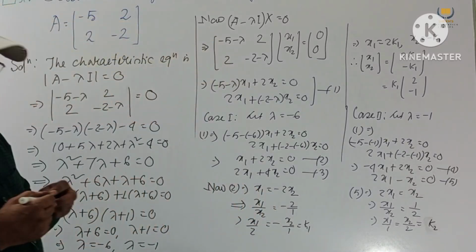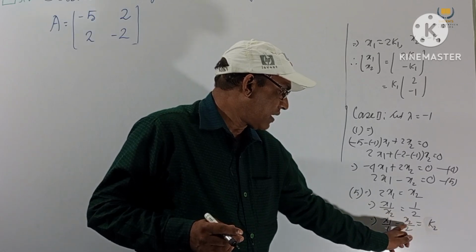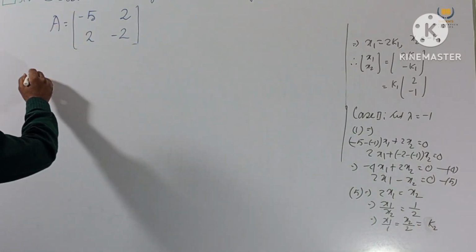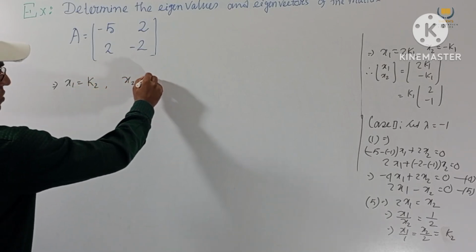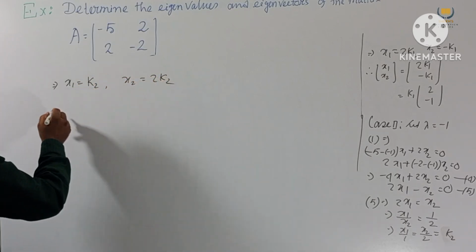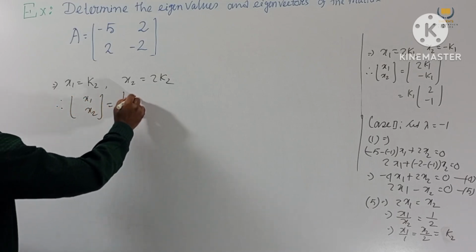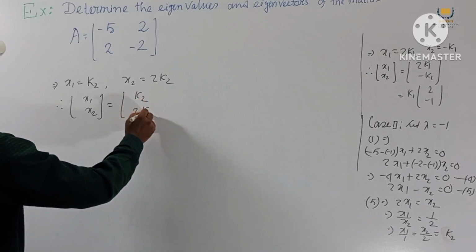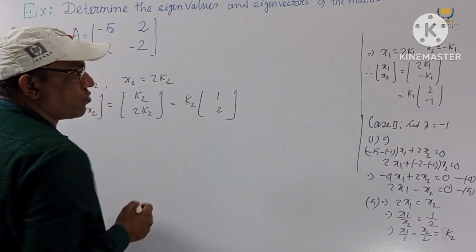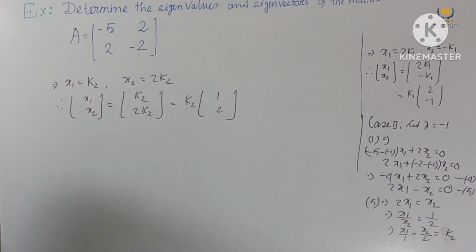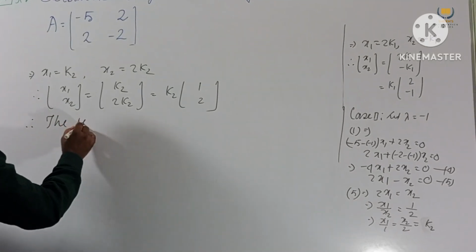Now if we solve this, x1 equal to k2, x2 equal to 2k2. Therefore x1, x2 is k2, 2k2, and k2 is common, we get (1, 2).